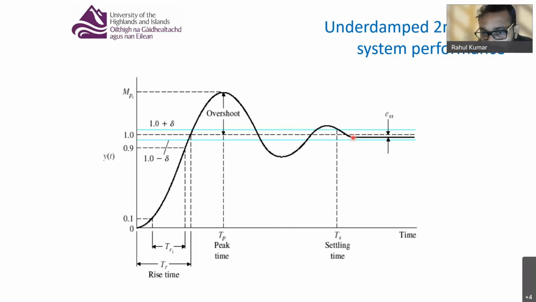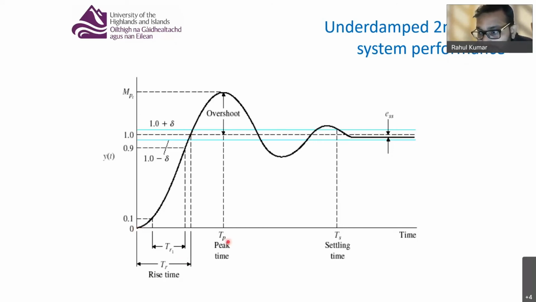Now the desired value is 1. Now rise time. Rise time is the time which your system takes to rise from 0 all the way to the desired value. So this is the rise time.